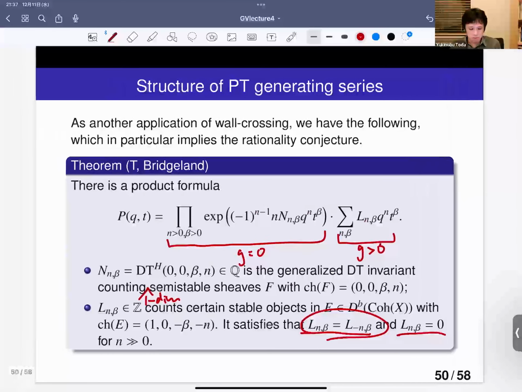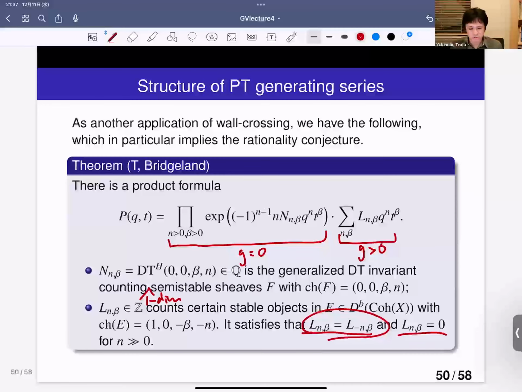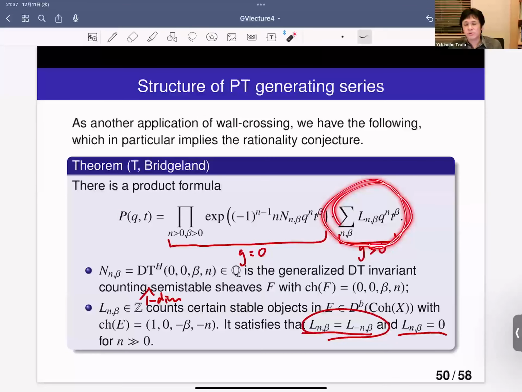Anyway, this is also a consequence of wall crossing. This is obtained by applying the wall crossing from the stability condition which corresponds to the PT invariant, and also a stability condition which is not a classical one, but has some asymmetric property.